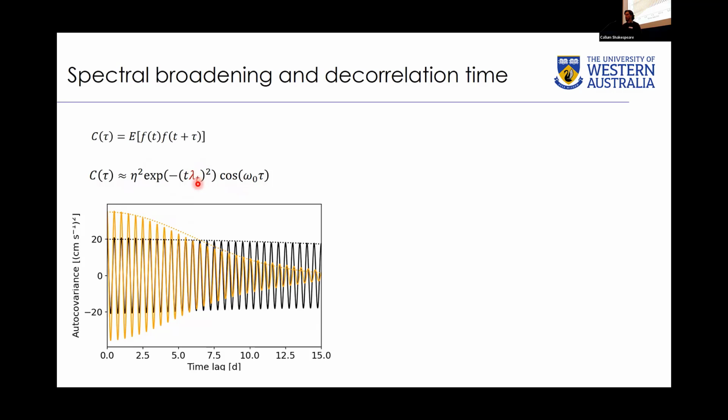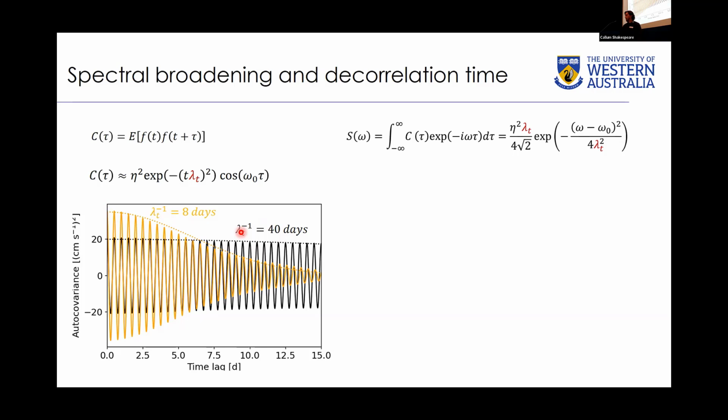And this lambda t term is giving you the rate of decay of this Gaussian, and you can call that a decorrelation timescale. So just fitting those 2 points, you can get the inverse timescale here is 8 days when you're in the eddy field and 40 days when you're not in the eddy field at these 2 points at least.